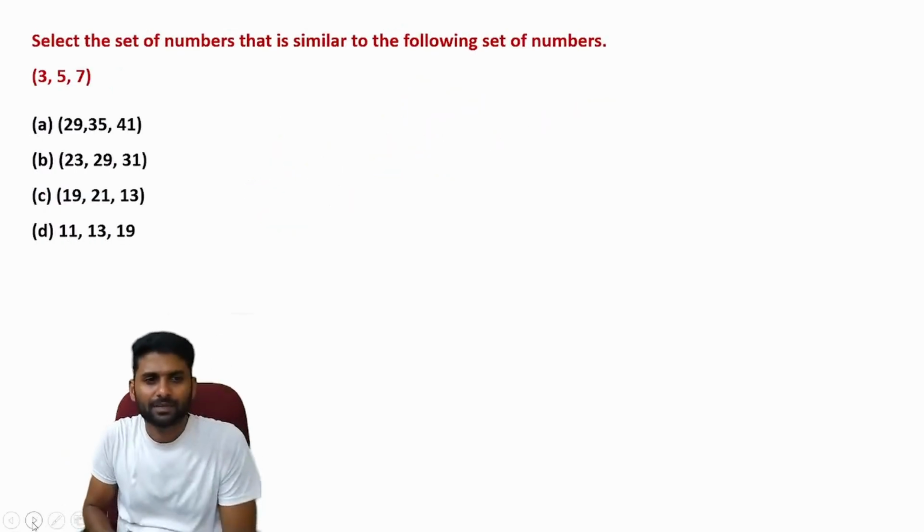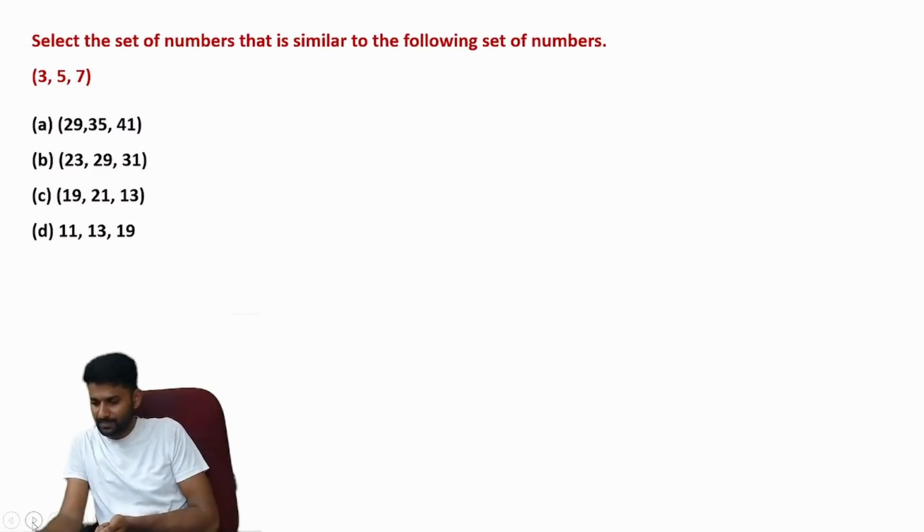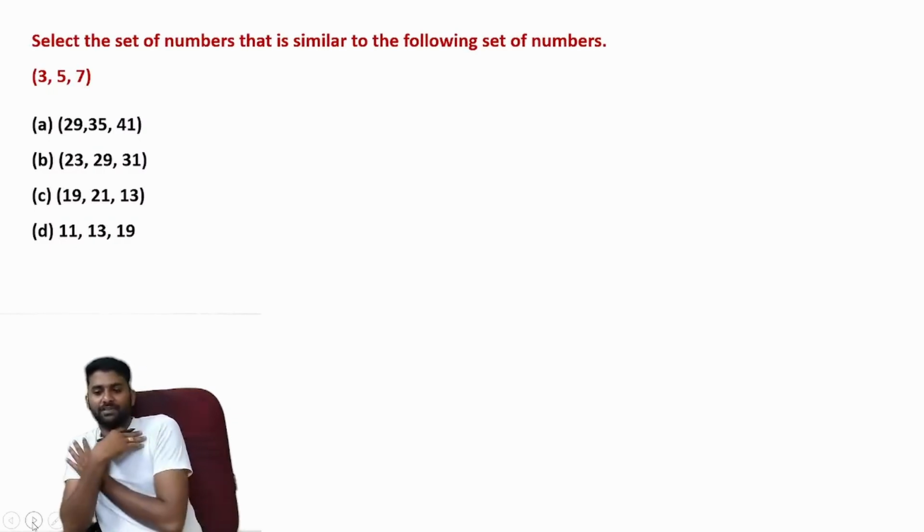Next. Select the set of numbers that is similar to the following set of numbers. Guys, what is the logic for this question? 3, 5, 7.